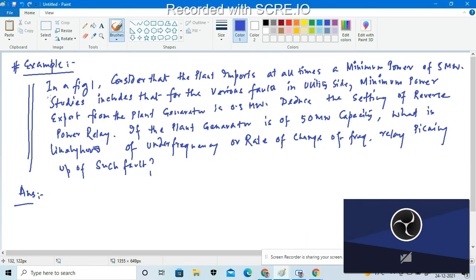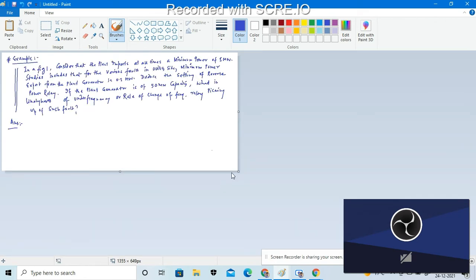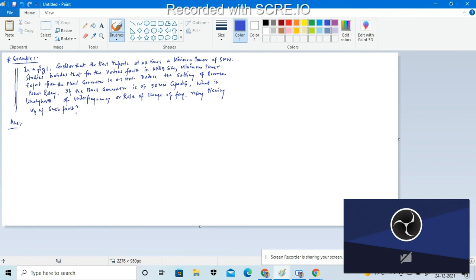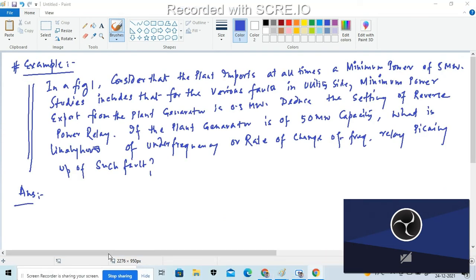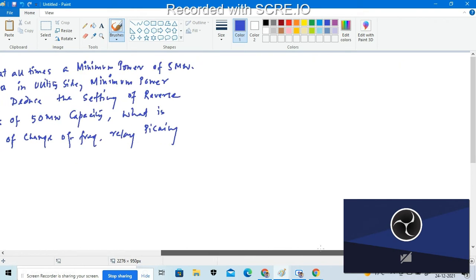And over here I will draw the figure 1, so that you will be able to see it actually. Okay, over here I will draw the figure. Figure 1. Okay, so we have a generator over here.